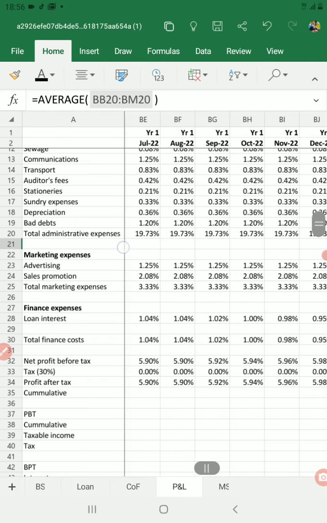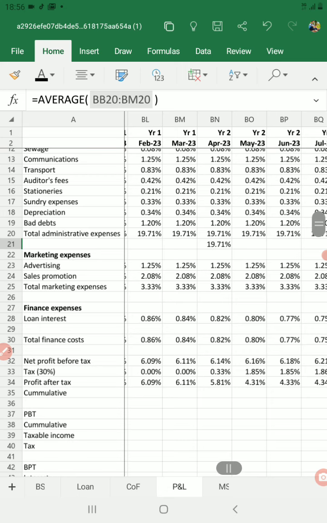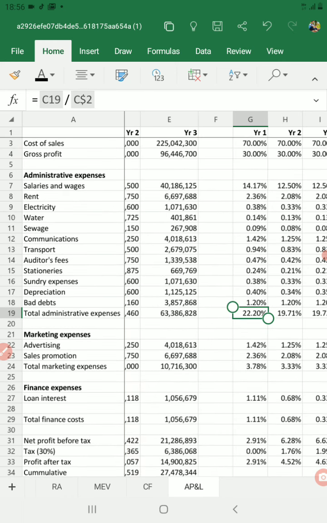And for year 2 we have a 19.71 average, which of course, if we go to our annual P&L sheet for year 2, is 19.71, the same, okay?